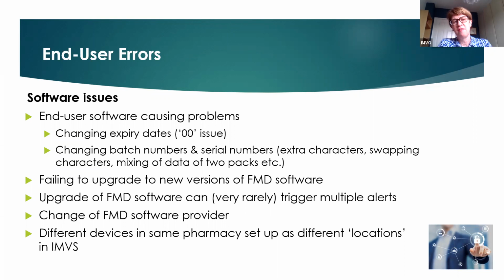The difficulty we have is that a number of software systems are programmed not to understand 00 as a date. So they will automatically change 00 to the last day of the month: 31 if it's January, 28 if it's February, 30 if it's April. And what happens then is the data that's sent to the system for checking doesn't match what's in the system.